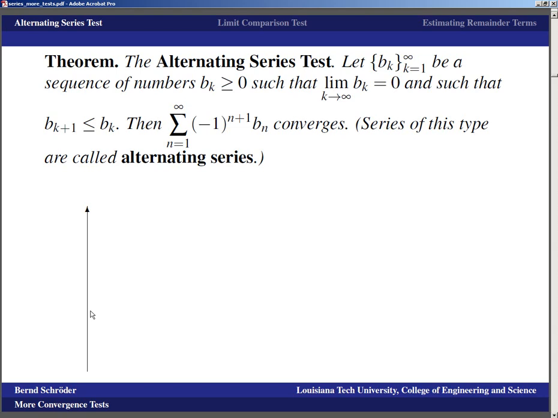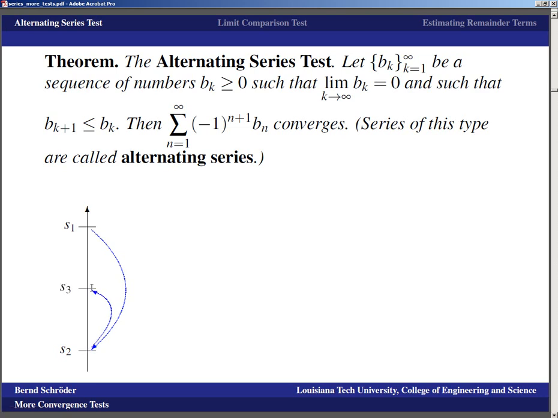Well, if you line up your number axis vertically, then your first summand will be just b1, and that's positive. And when you go from the first partial sum to the second partial sum, it will be b1 minus b2, so your second partial sum will be going down. The third partial sum is b1 minus b2 plus b3, so you're going up again.